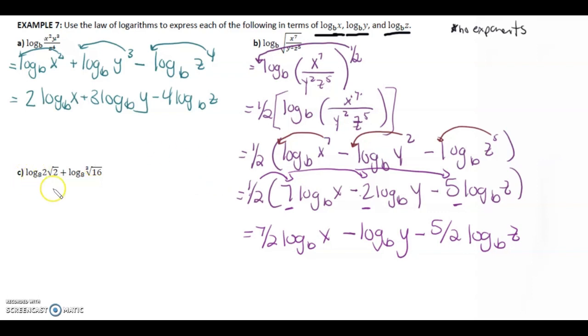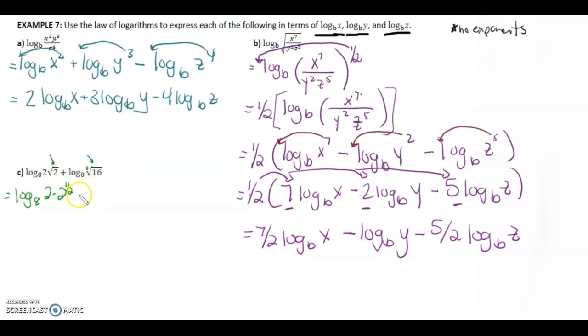Okay, C, log base 8 of 2 times root 2 plus log base 8 of the cube root of 16. Okay, I'm going to rewrite this so that I have exponents that are rationals rather than the radical here. So this is going to be rewritten as log base 8 of 2 times 2 to the 1/2.